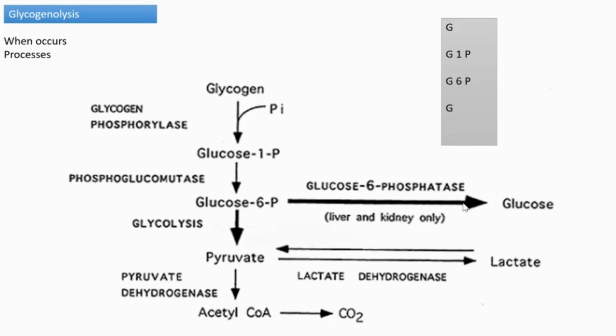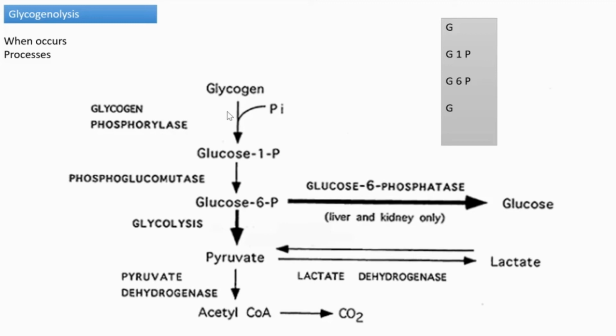In the first step, the glycogen reacts with phosphate with the help of the enzyme glycogen phosphorylase. It needs to make a cleavage and add this phosphate group to the glucose unit that is freed from the glycogen.